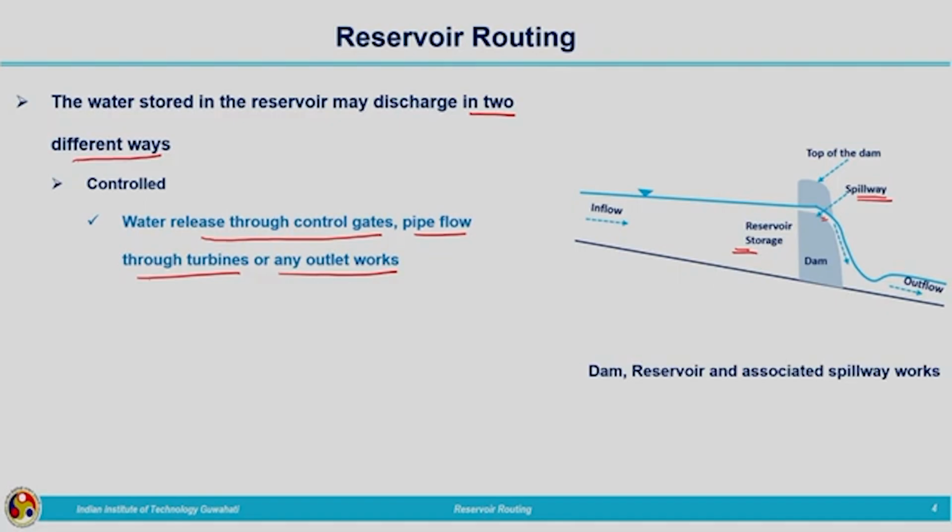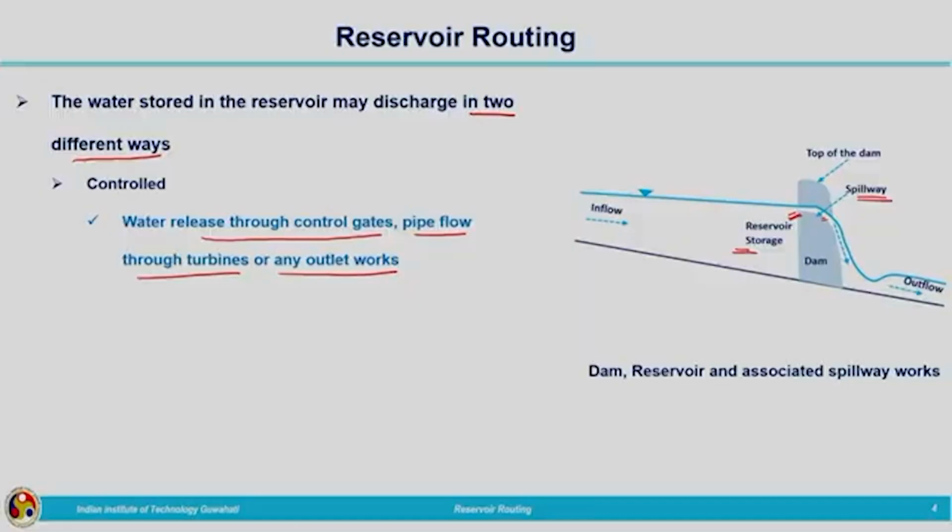In the case of dams, spillways will be provided at this location or some other locations such as emergency spillways. These spillways can act as a control structure which will allow the flow to get released in a controlled manner. Sometimes the spillways will not be having any control structure, and that is the case with the free flowing spillway. That is the uncontrolled way of release of water, the freely operating spillway.